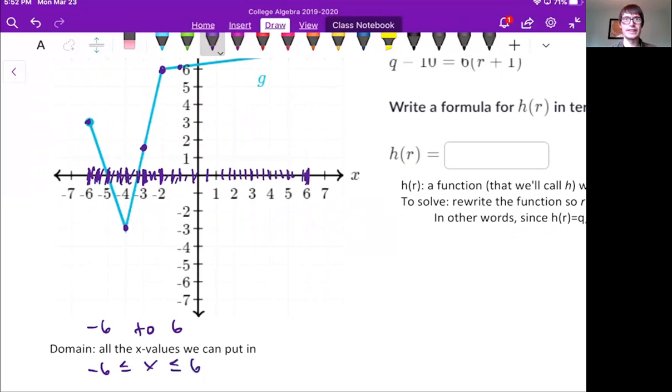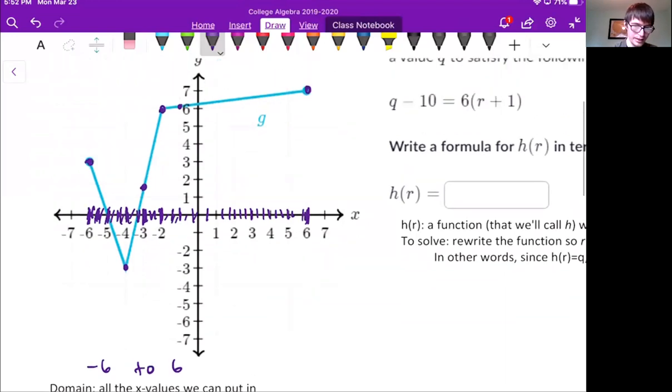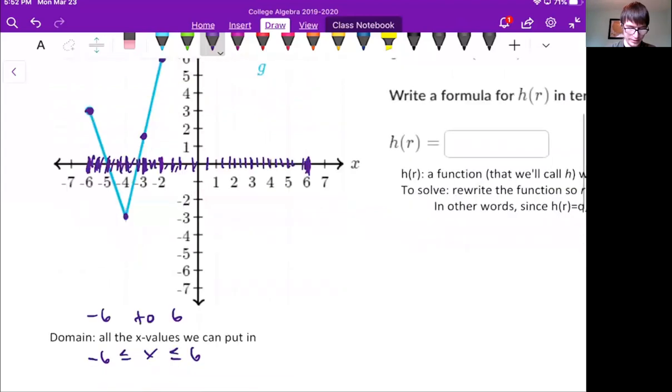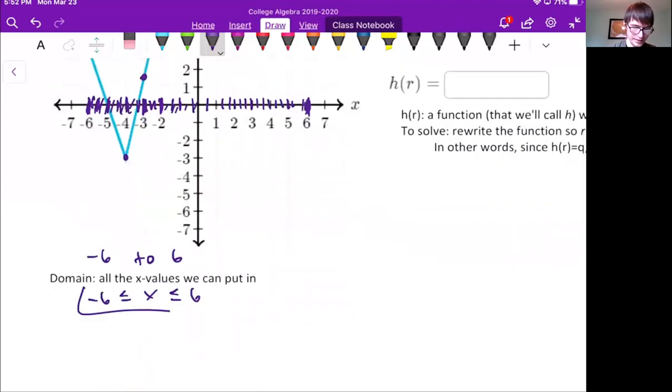Because it includes the -6 point and it includes 6, it's less than or equal to. It could be equal to -6, it could be equal to 6, so we have that or equal to sign. So that's the answer: -6 less than or equal to x, less than or equal to 6.